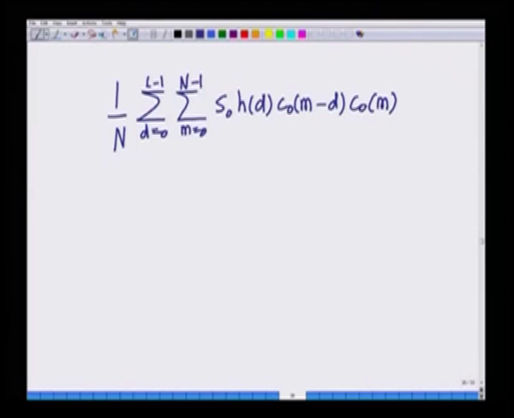Now, remember this has a summation for the L paths, that is 0 to L minus 1 interfering symbols, and summation over the chips m equals 0 to n minus 1.